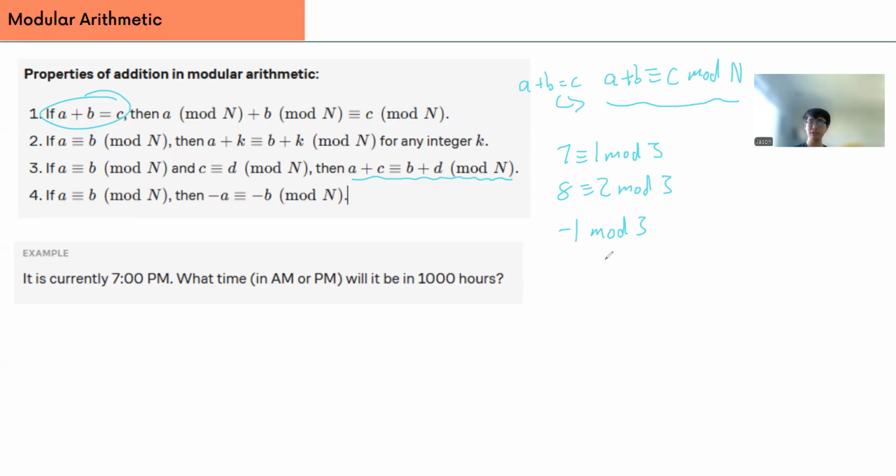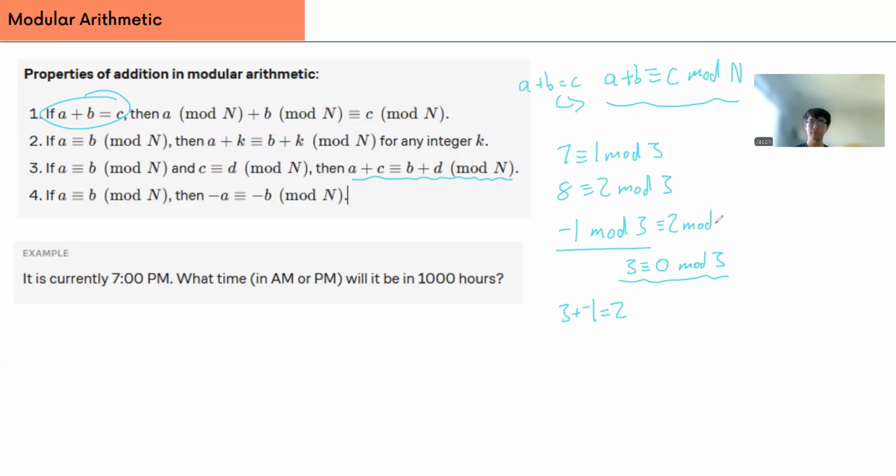So what we know is that 3 is congruent to 0, right? Because 3 is just a multiple of 3. So we can just add 3 to this, and it'll still be the same number mod 3, right? So 3 plus -1 gives us 2. So this is actually congruent to 2 mod 3, right? So -1 is congruent to 2 mod 3.